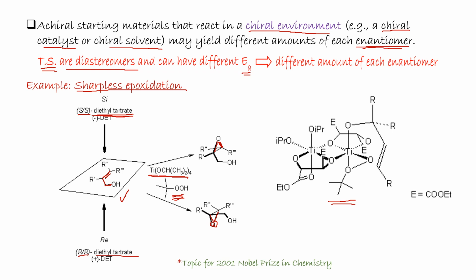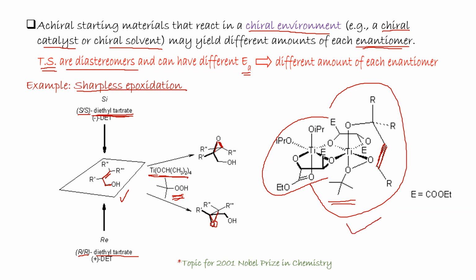You have here enantiotopic faces of the alkene, but when you add to it a chiral molecule, these two faces in this particular complex form two different diastereomers with different energy.